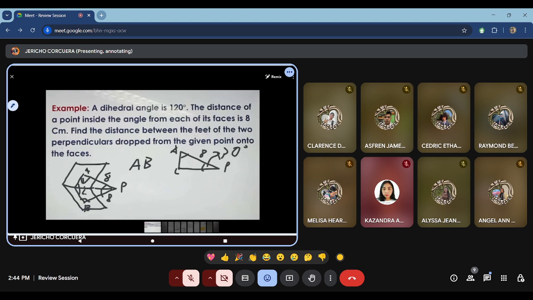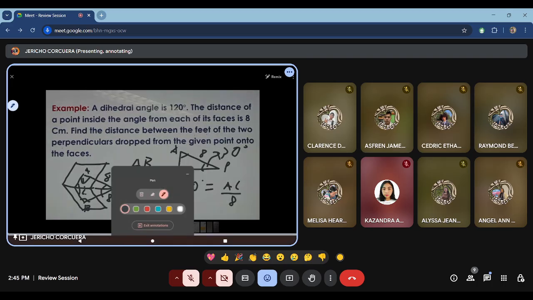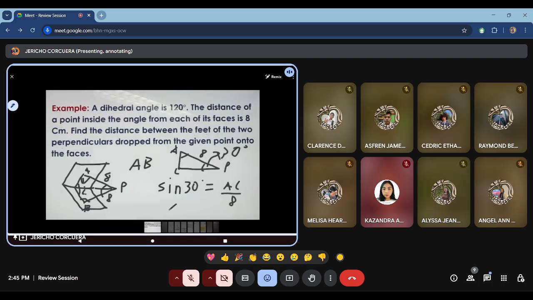So sine 30 is equal to AC over 8. And you know that sine 30 is 1/2. So AC is equal to 4. We applied the MPE here, the multiplication property of equality.